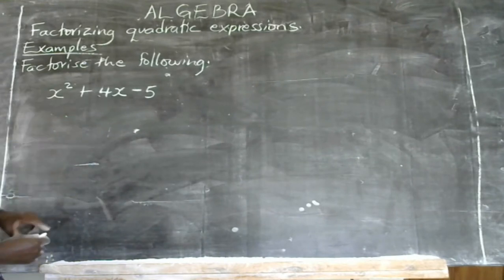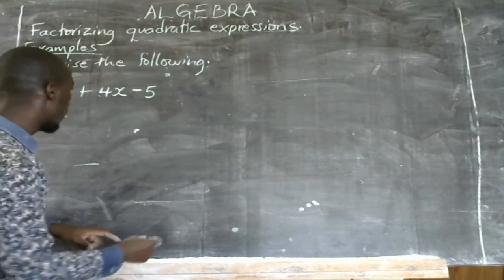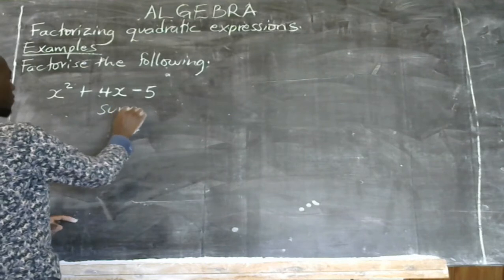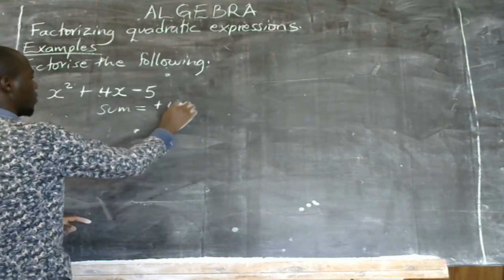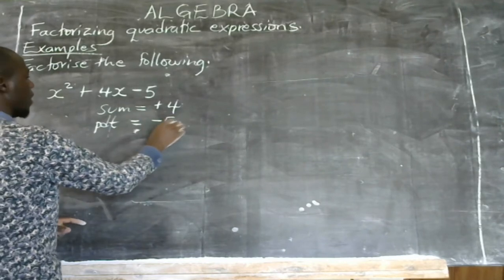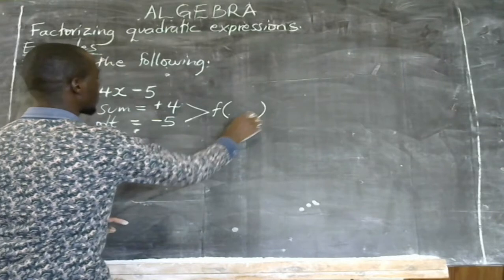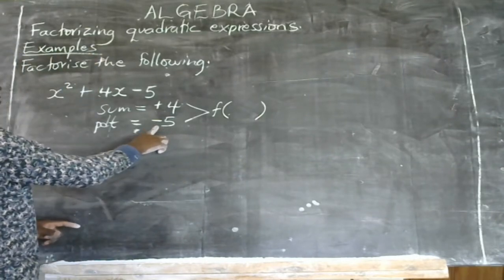Then I can factorize the x squared plus 4x minus 5 there, identifying sum, positive 4, identifying the product, negative 5. The 2 factors, they come from factors of the product.